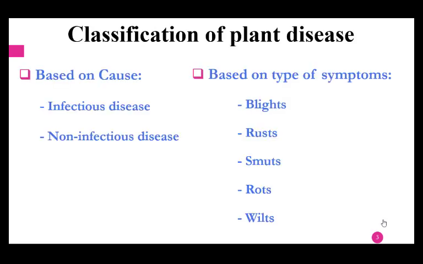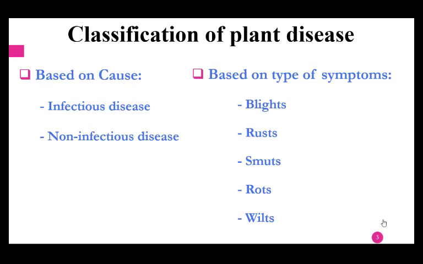Next, how do we classify plant diseases? We can classify plant diseases based on the causative agents. A disease can be infectious or non-infectious. If there is a causative agent like bacteria, virus or fungi, and that pathogen can transmit the disease from one plant to another, then we call it infectious disease.